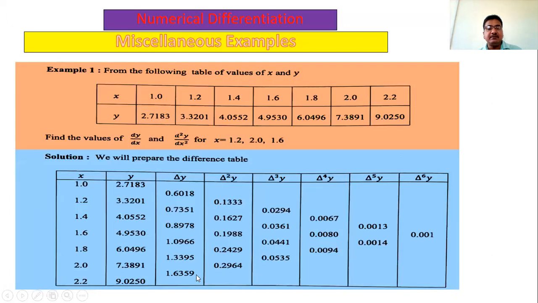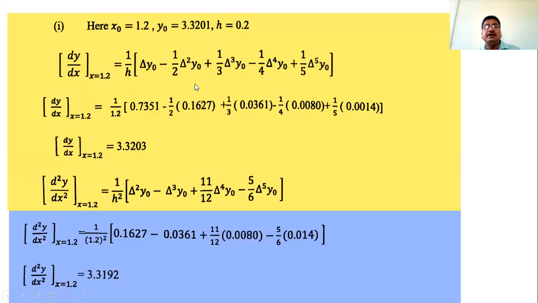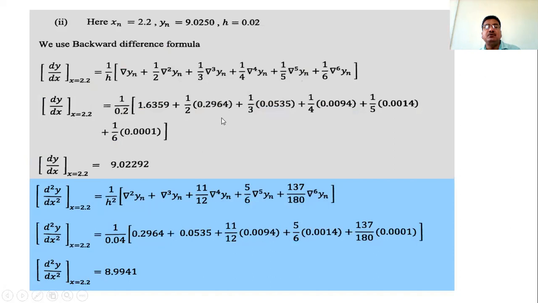This is del yn, 1.6359. This is del square yn, 0.2929, del square yn 0.2964. In this way, the values of del raised to 4 yn, del raised to 5 yn, and del raised to 6 yn, all these values. Okay, and calculate all this using a calculator.